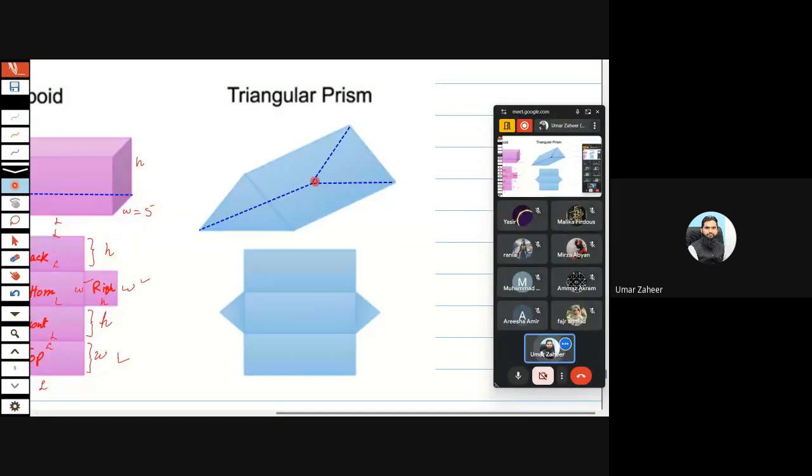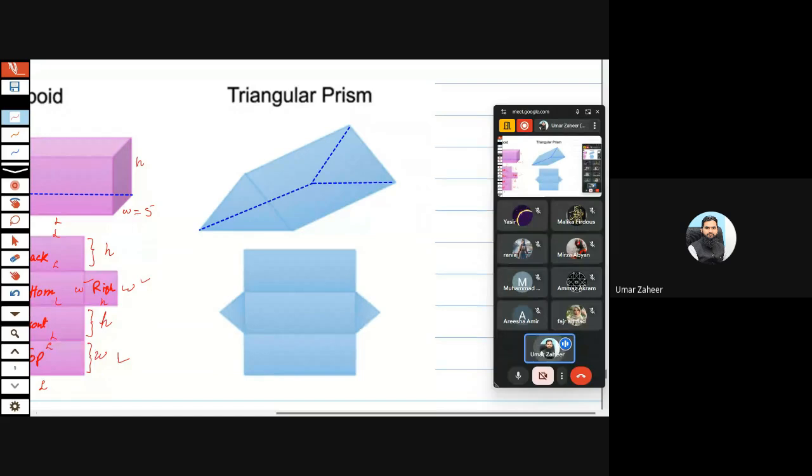How many faces are there? One, two, three, four, and five. The bottom, let's say it is front and it is back. This is going to be the left one and this will be the right one.